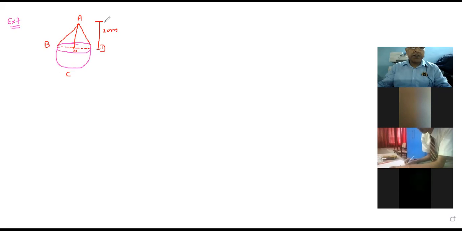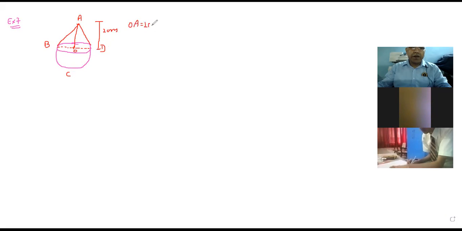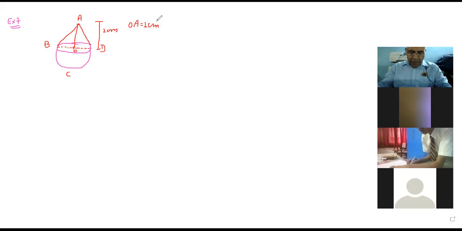So this is AO or OA, and the diameter of the base is 4. So diameter means diameter of the hemisphere. So I'm writing here, this diameter is 4 centimeter.